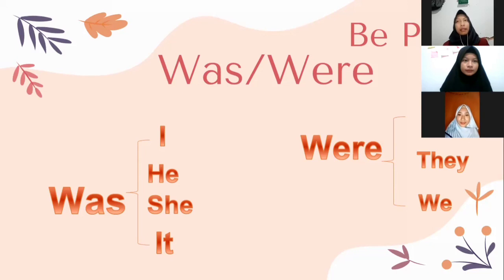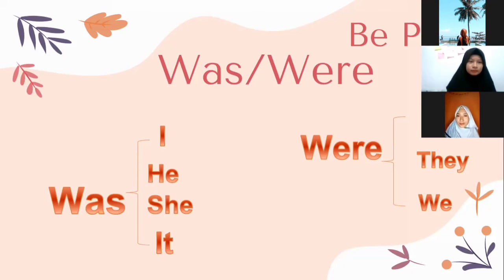Clear, Miss. All right. So far any questions? Yes, Miss. All right, Faza, please. Jadi gini, Miss. Saya itu pernah baca. Nah, di situ itu I kok pakai were ya, Miss, bukan was. Gimana itu, Miss? Bingung soalnya.